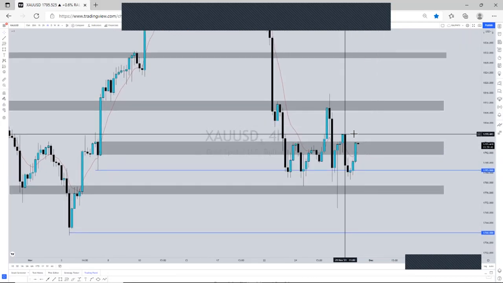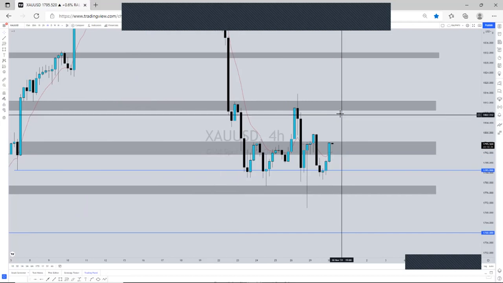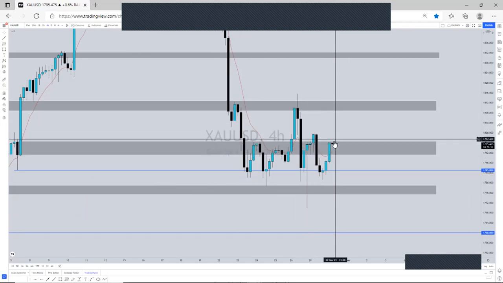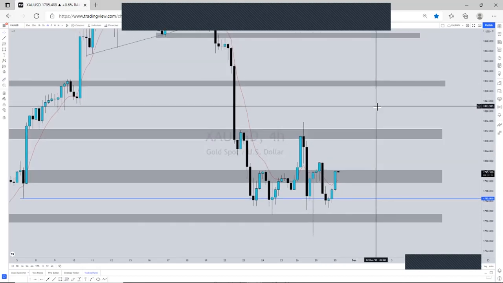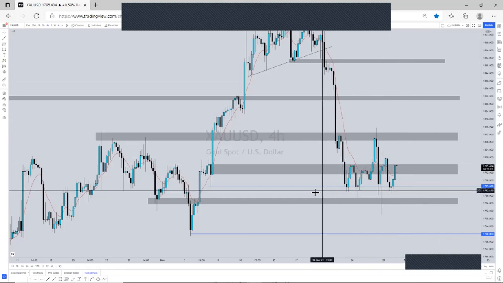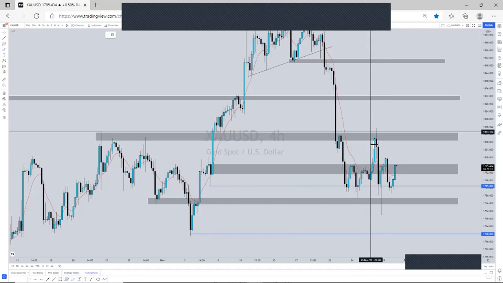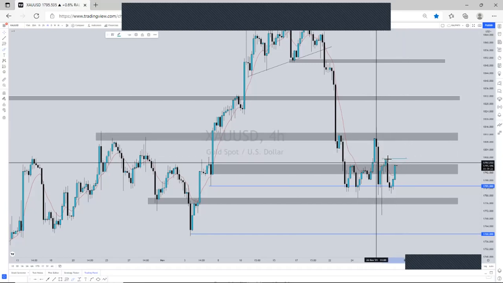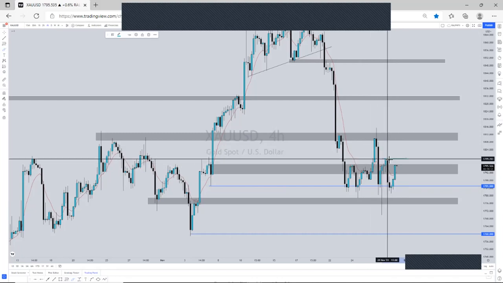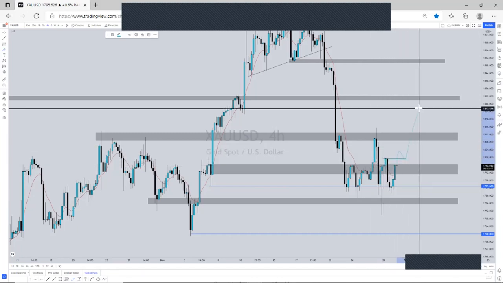Something that will give us a confirmation that price wants to go parabolic out to the upside is seeing that pop back up. We could see this high taken out, and this is yesterday's high, so we will see the previous day's high taken out.